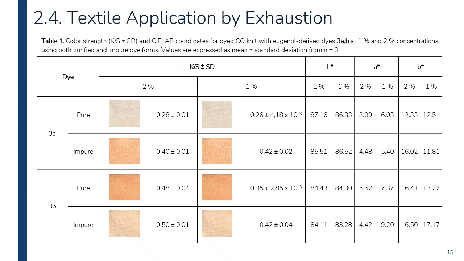About the concentration, 2% resulted in higher intensity and lower lightness than 1%, confirming that increasing dye concentration in the dye bath leads to stronger coloration regardless of the purity.